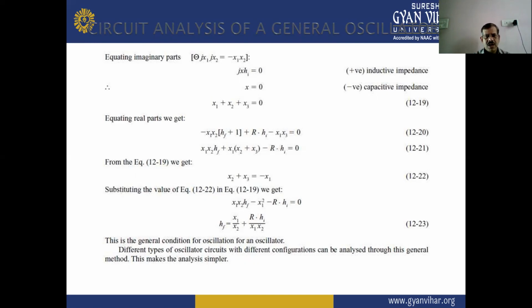Substituting the values, we get the value of hf equal to X1 upon X2 plus R into hi upon X1 X2. So this is the general condition for oscillations for an oscillator.